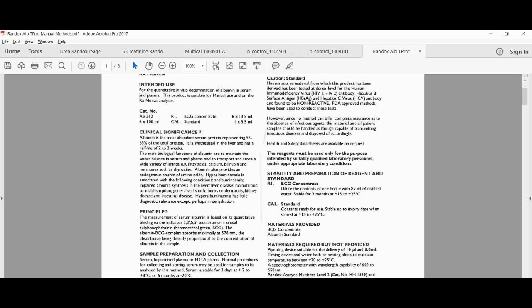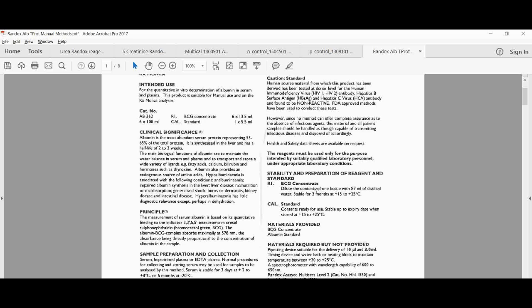Then other information: stability and preparation of reagent and standard. So here it will tell you how stable the reagent is. In this case, reagent R1 is stable for 3 months at room temperature, and it also tells you how you must prepare the reagents.